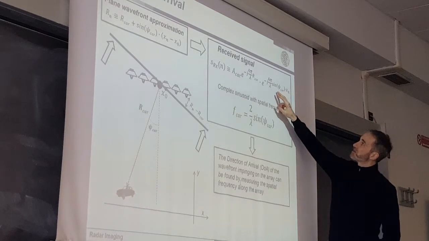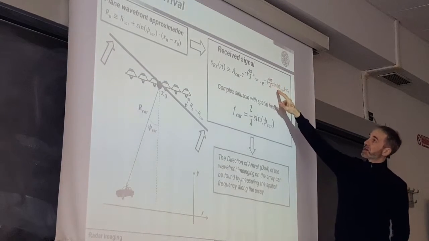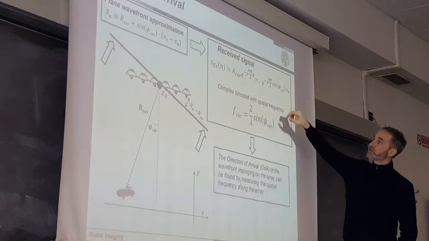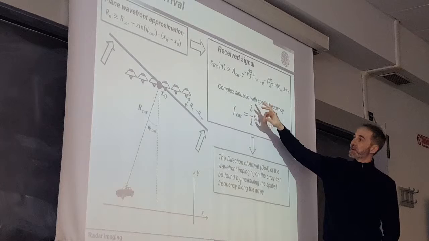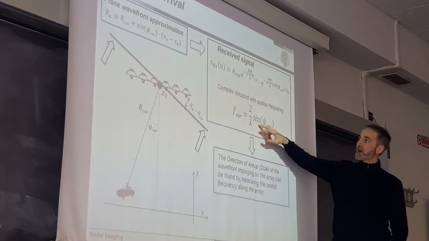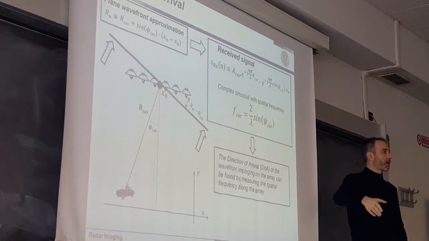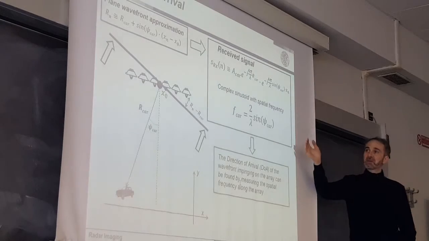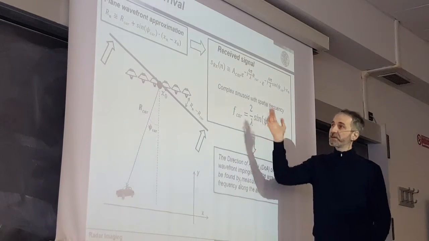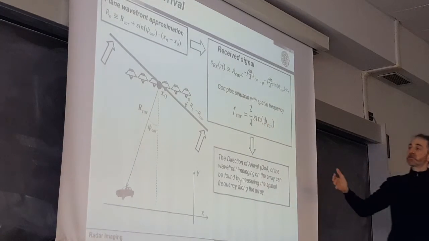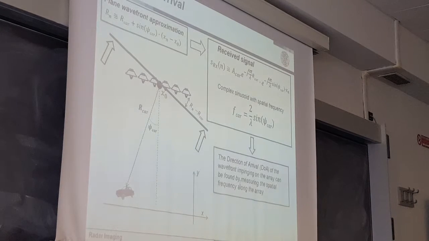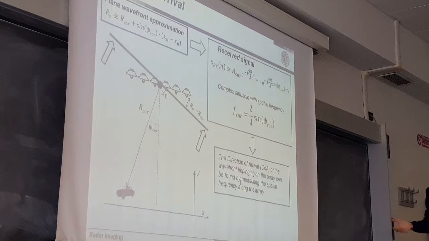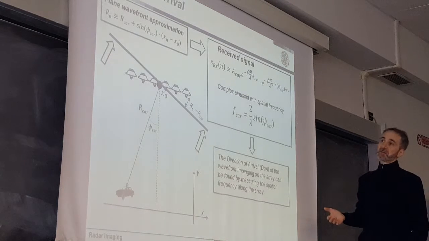And you see that this phase variation is equivalent to a complex sinusoid whose frequency is given by 2 over the wavelength times the sine of the angle. So basically, along this array, you have a spatial frequency given by this expression. So at this point it is easy, no?